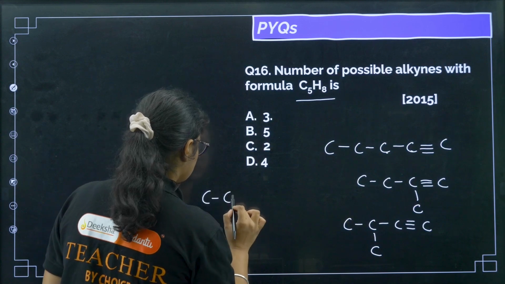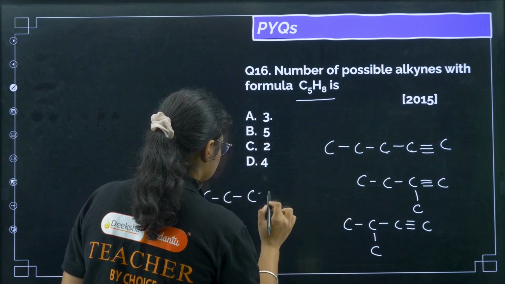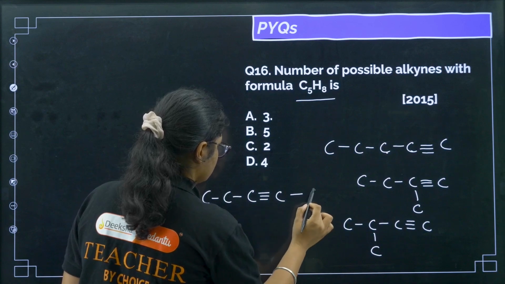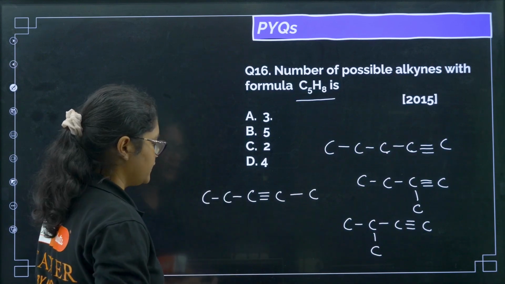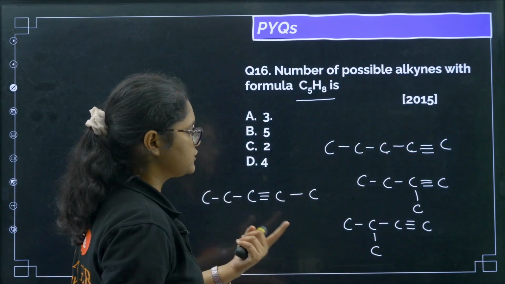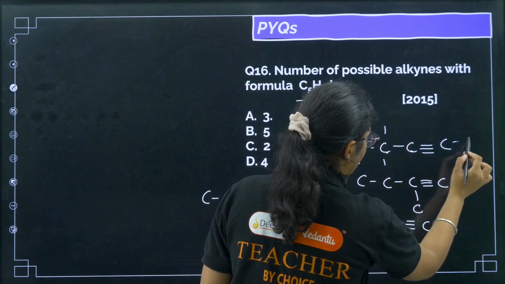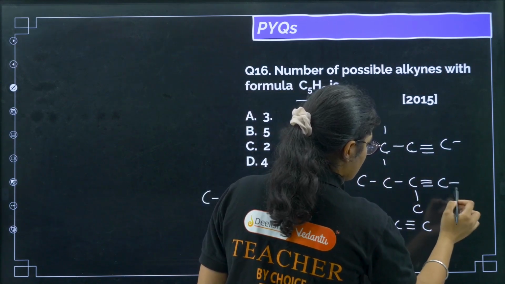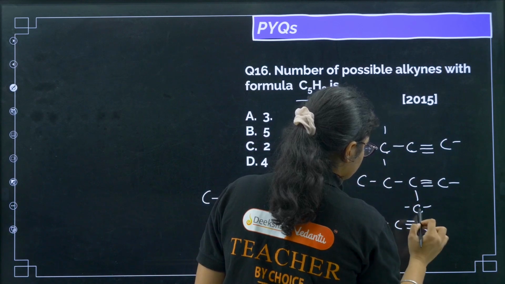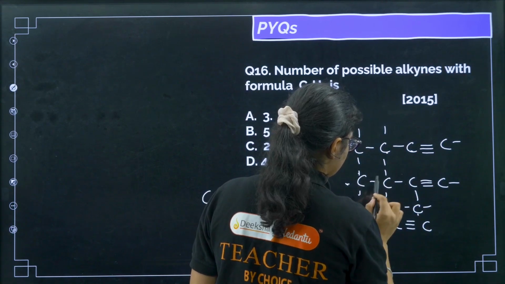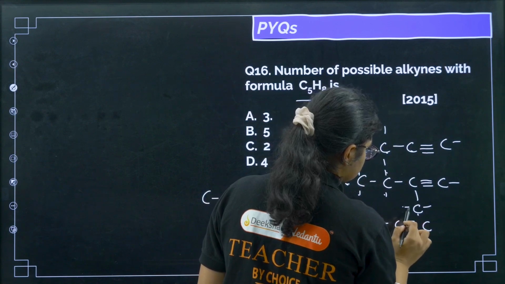Let me try this one. Can we put it like this? Yes, this is also possible, right? So we should also check the H. So 1, 2, 3, 4, 5, 6, 7 and 8. This is done. Here 1, 2, 3, 4, 5, 6, 7, 8, 9.